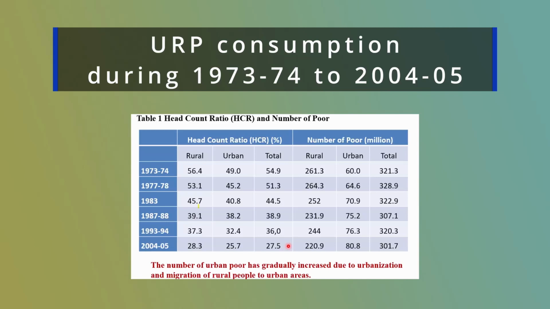Due to urbanization, new rural areas were converted into urban areas, as well as more and more rural people migrated into the urban areas. Therefore, the number of poor was relatively high in the urban areas.